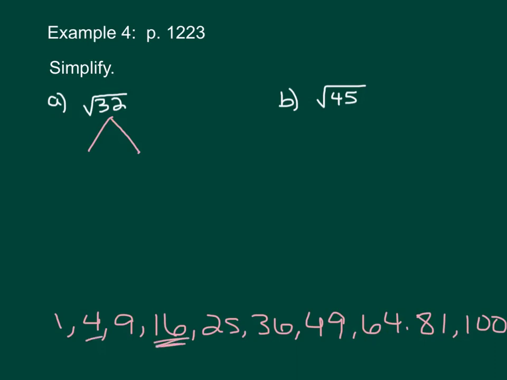It can also be divided by 16. If you take the greatest one that can be divided by, then there's less steps. So 16 times 2. Okay, so the square root of 16 is 4, and 2 is not a perfect square, and it's not divisible by anything from this list at the bottom. So the square root of 32 is equal to 4 times the square root of 2.